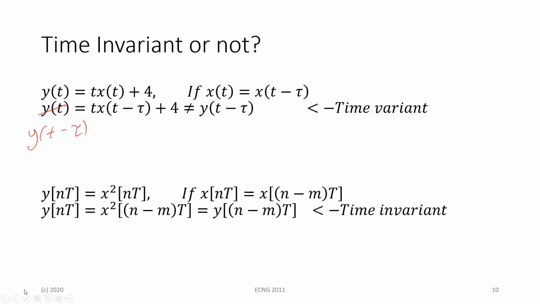Once we substitute in t minus tau on the right hand side of the equation, we get t x of t minus tau plus 4. And as such, we can't map this back directly to y of t minus tau. This t variable here will also change such that it will be t minus tau as well. So that's the correction I need to make on this slide.